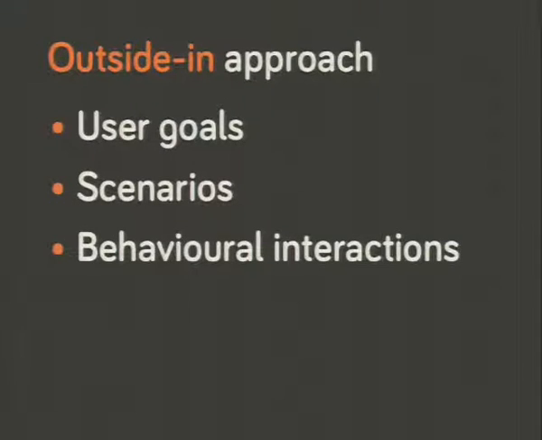And finally, getting even more detailed, we can look at the behavioral aspects of the system, so the interactions themselves between the user and the system, but also between individual parts of the system, so between our different units. The scenarios and the behavioral interactions can both be described as testable behavior examples.